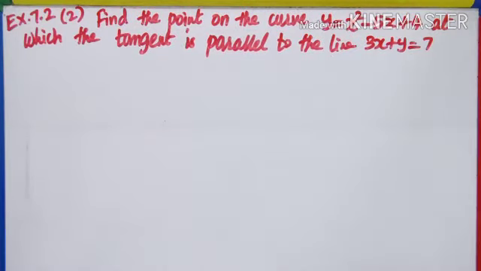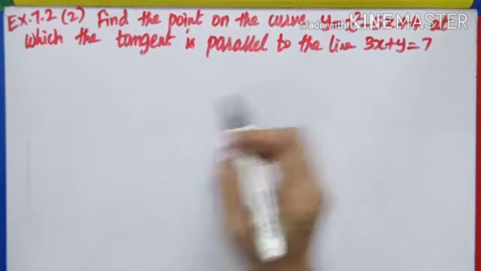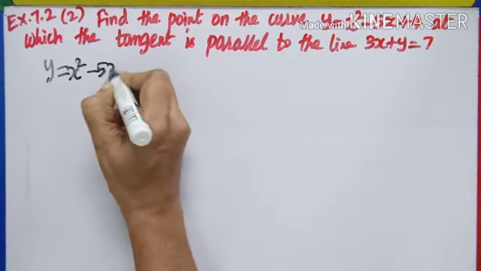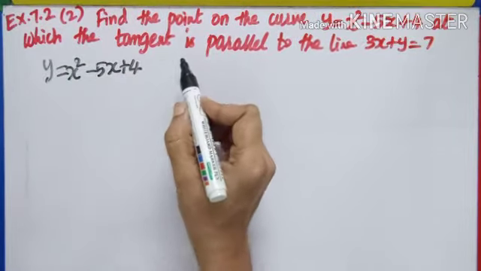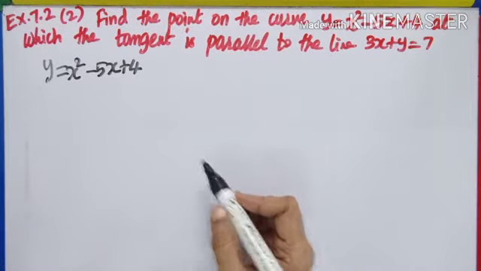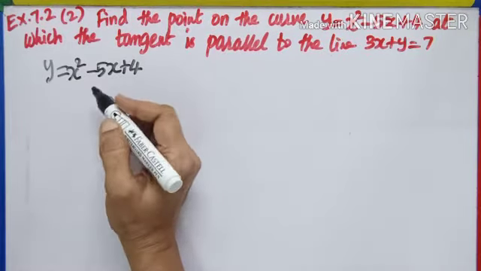Exercise 7.2, question number 2. Find the point on the curve y equals x square minus 5x plus 4 at which the tangent is parallel to the line. First of all, let us find out the slope of this curve. How to find the slope of the tangent?